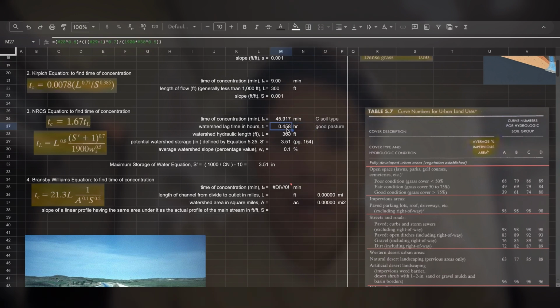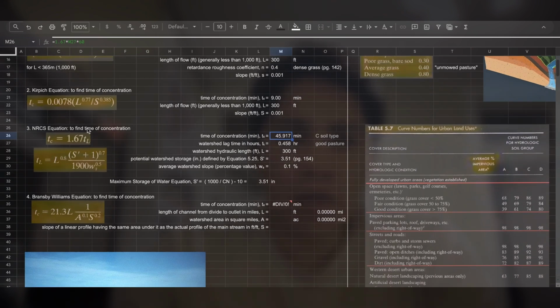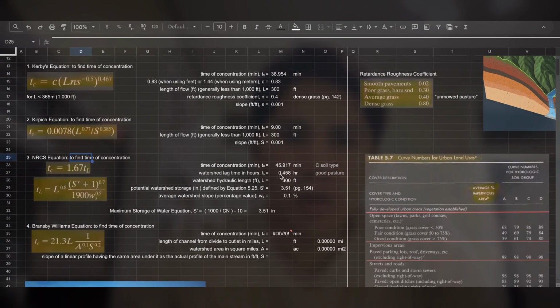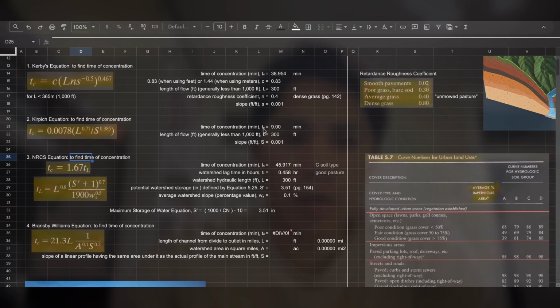So now that we have the lag time in hours, we just need to solve for the time of concentration, which is going to be 1.67 times the lag time. I multiply that by 60 so I can get it in minutes, because we're using the lag time in hours. That should give you almost 46 minutes. According to this equation, the time of concentration is 46, so it's higher than whatever we have solved before.